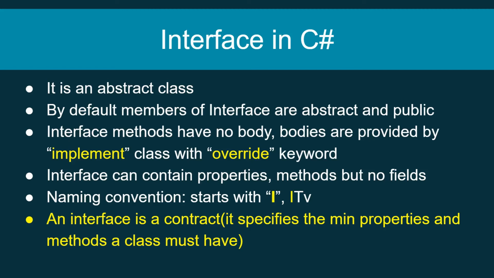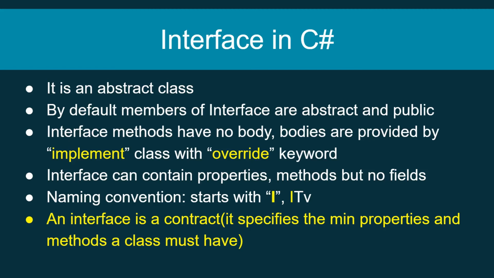Bodies are provided by the implementing class with the override keyword. So an interface is a class, but you do not use the term inherit for an interface, you use implement. You implement an interface, you inherit a class.